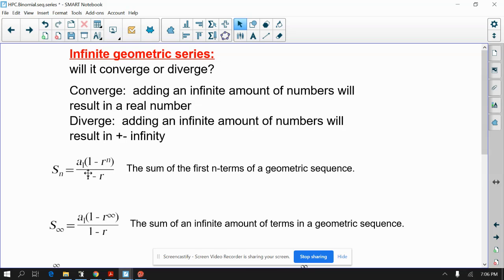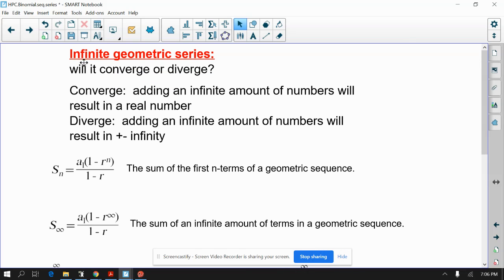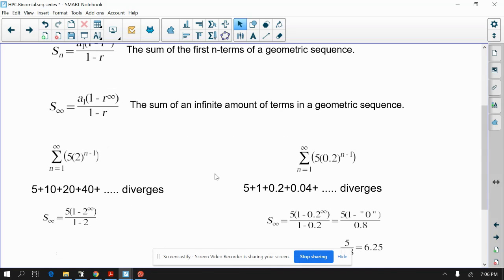So this is the formula we know to find the sum of n terms of a geometric sequence. But if I want to add an infinite amount, I would replace n with infinity. So that means I have to take r raised to an infinitely large power.